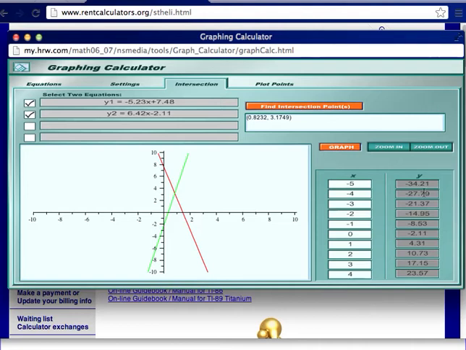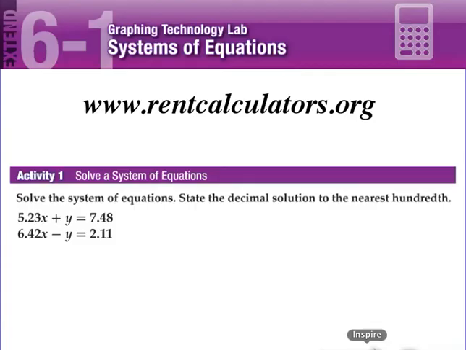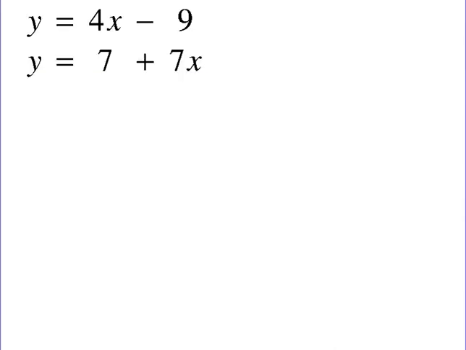Okay, so we're going to look at another one. All right, so let's look at this one. It says y equals 4x minus 9 and y equals 7 plus 7x. So really what you could do if you were in the program, you could just be typing these in right now. Okay, so go ahead and eliminate the first two that you've typed in and kind of put these in those first two spots.